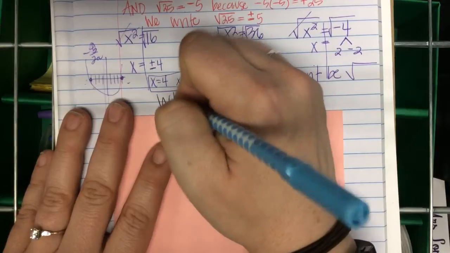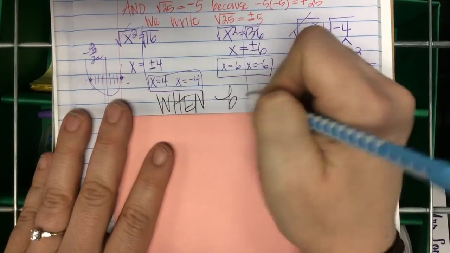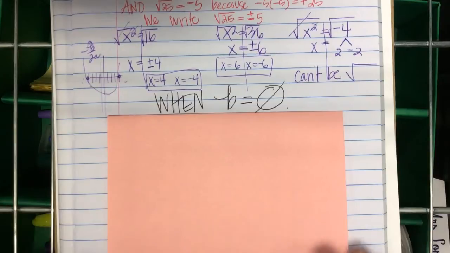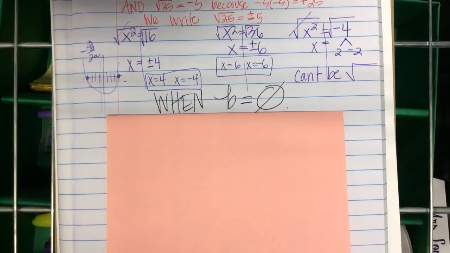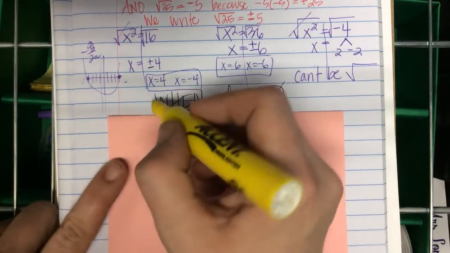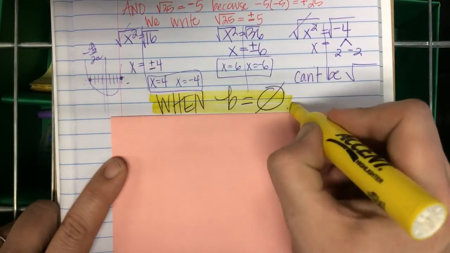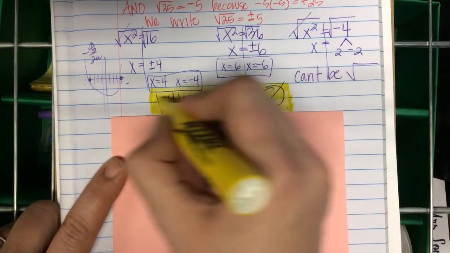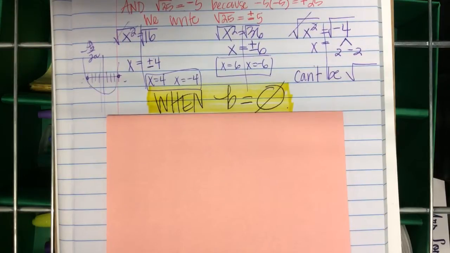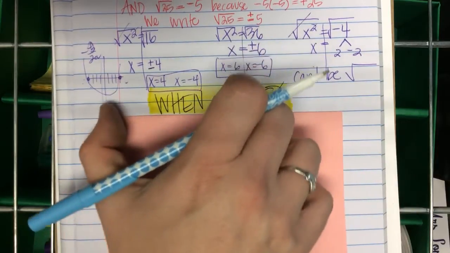So again, we're looking for when b equals 0. That's our key. And there are 3 simple steps.